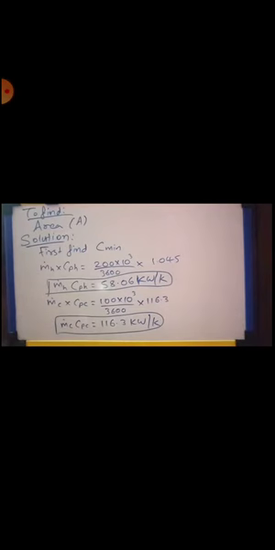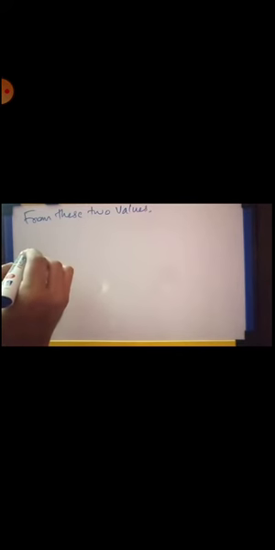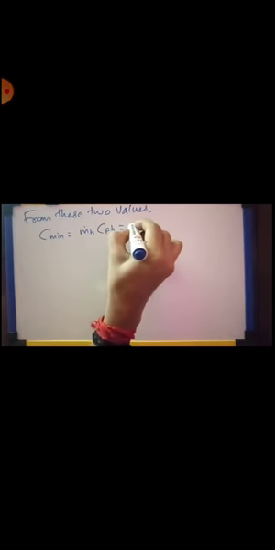From these two values, find out which one is the minimum value. C minimum is equal to m dot h into CPH, that is equal to 58.06 kilowatt per Kelvin.